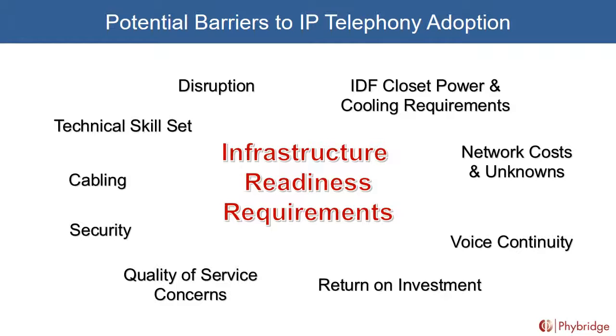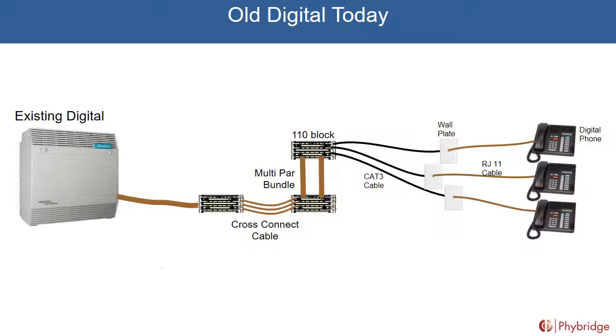One of the things I think is important is some of our audience is IT, not telecom. So they're not that familiar with how digital telephony worked before we went to IP. Can you at least go through that for us? Absolutely. As we can see on the screen, this is a typical customer in their traditional digital or analog solution.